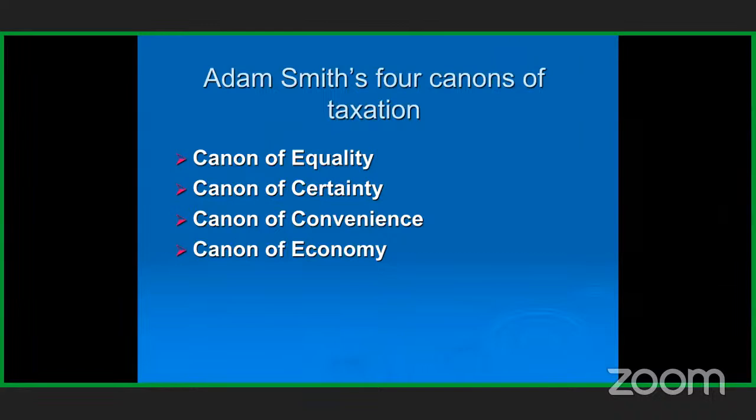The time of payment and the amount to be paid ought to be clear and plain to the contributor and to every other person. So the taxpayer should know the certainty of the taxes. What is the time to pay the tax? What is the amount to be paid as tax? This certainty should be there. It is known as canon of certainty.